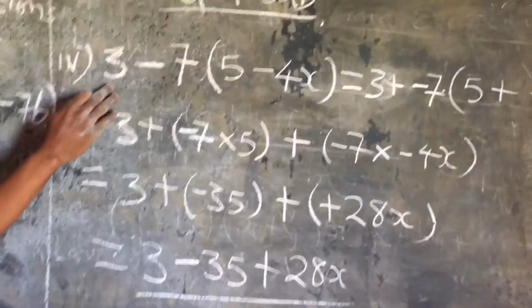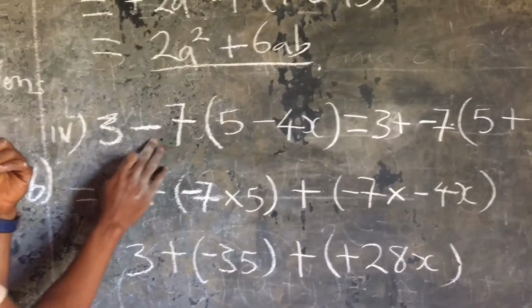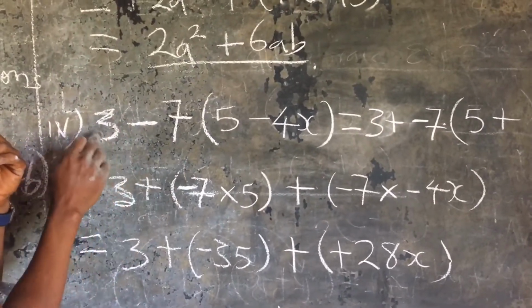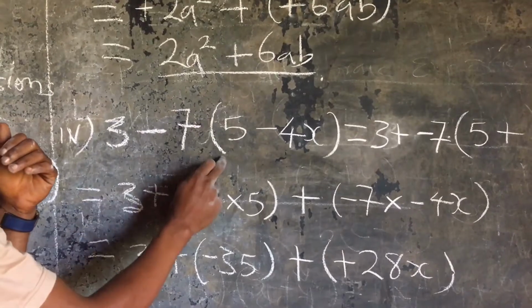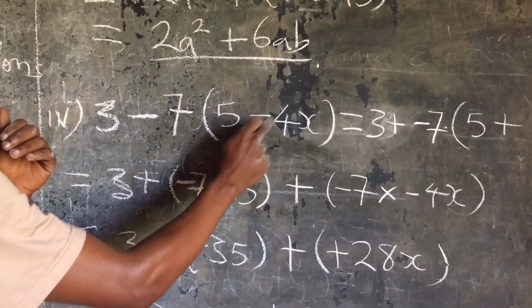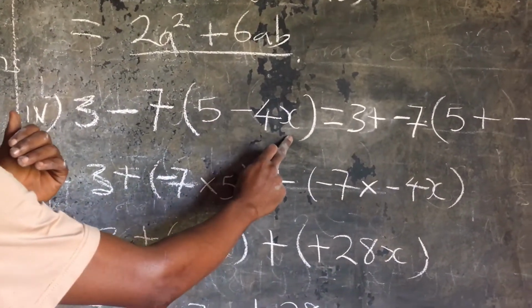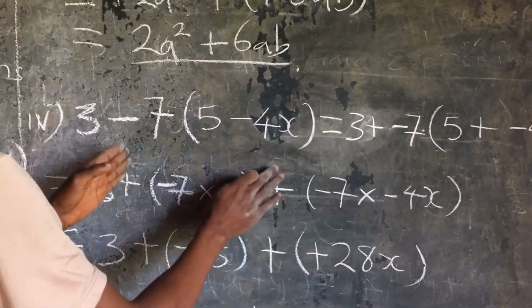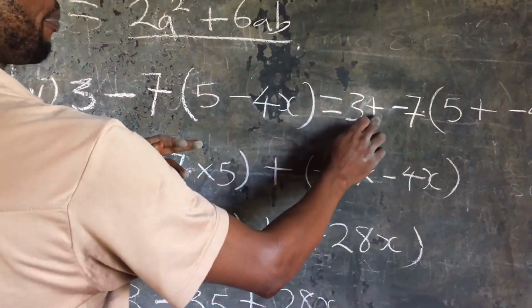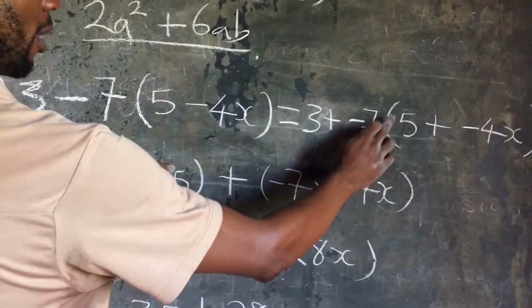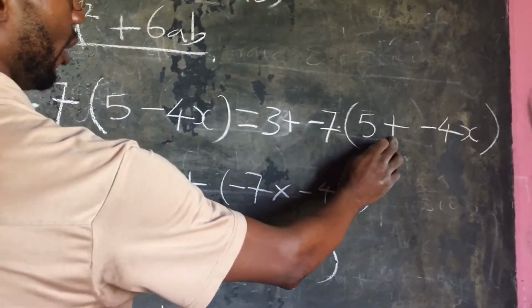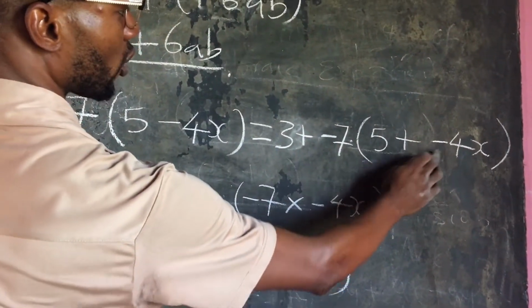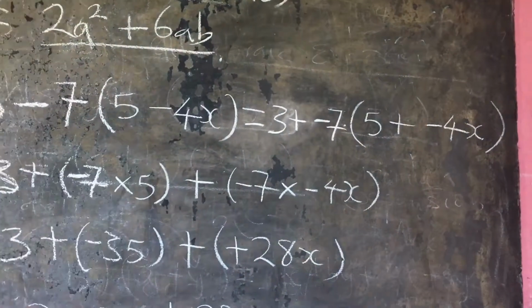Now for this one, we get 3 minus 7 bracket 5 minus 4x. Another way of writing this expression is 3 plus minus 7 bracket 5 plus minus 4x.